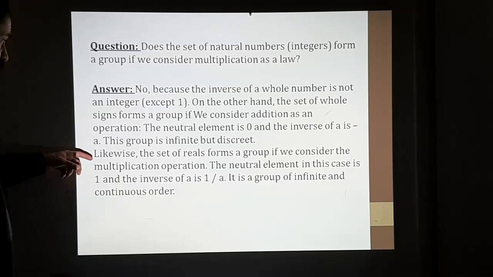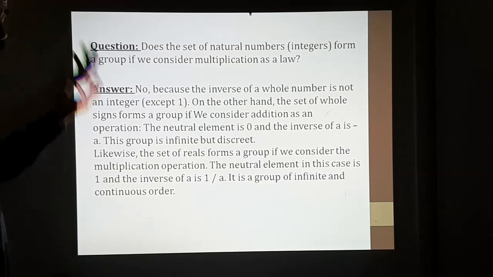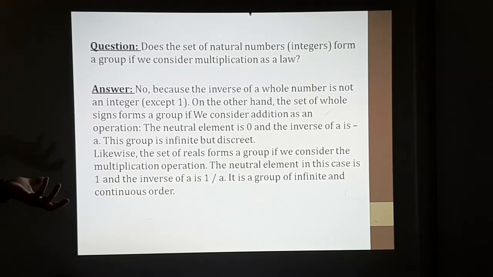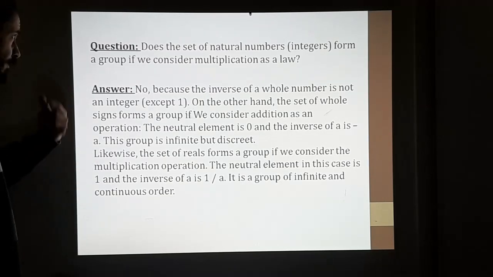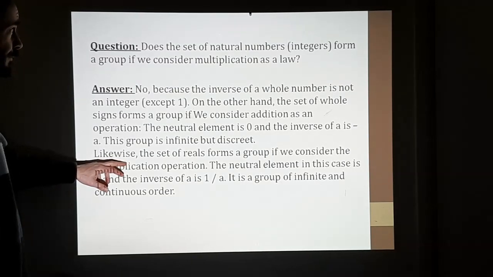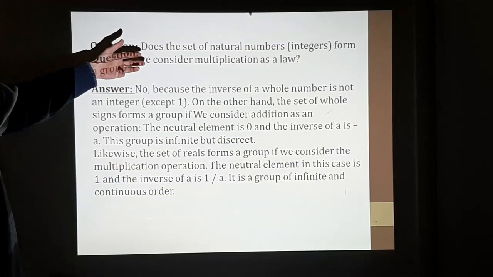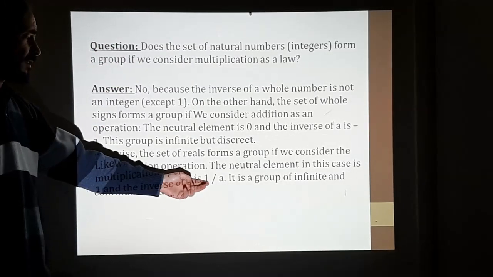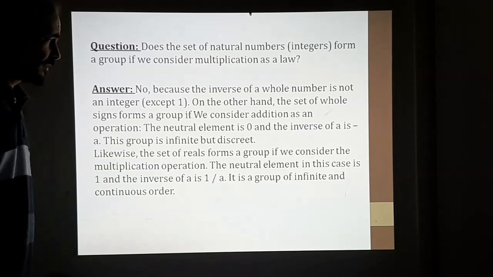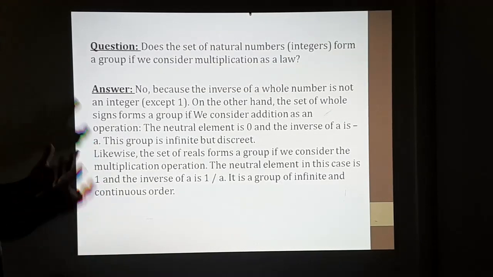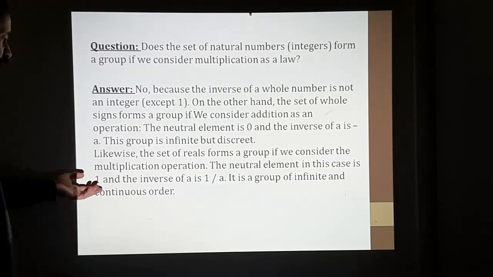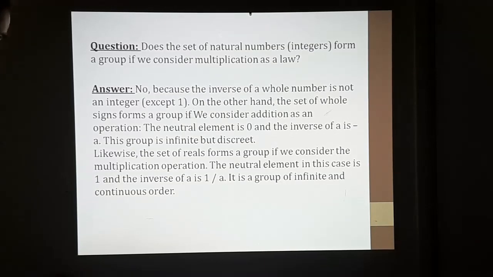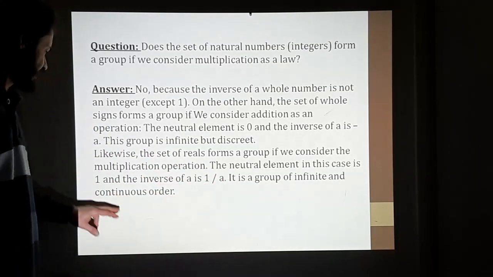Now the set of real numbers also forms a group, with the multiplication this time, because you can define the inverse of A in this case. And of course the neutral element here is 1, and so this group is infinite and continuous.